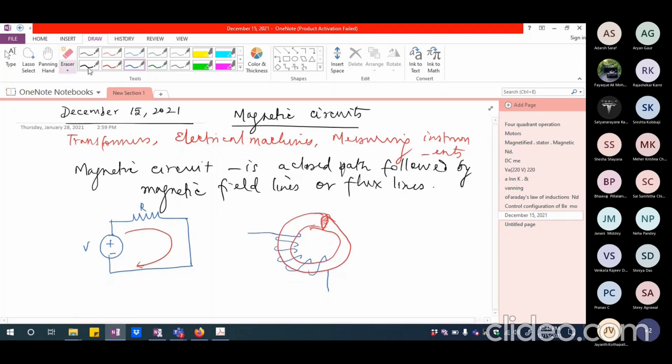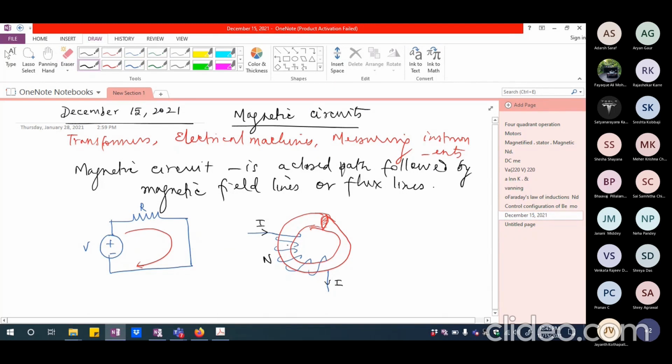Let's say I am passing a current I here, and it is returning like this. Of course, it's a closed path. And let's say the number of turns is n.